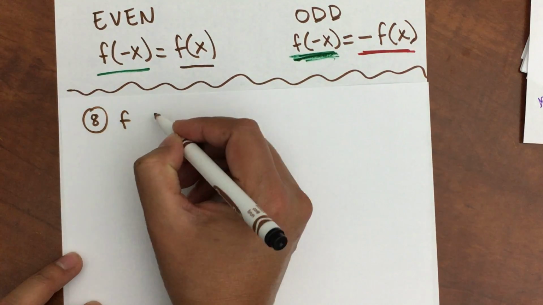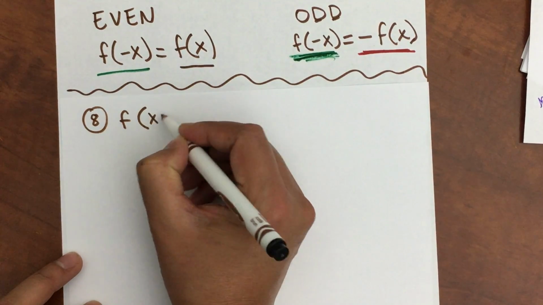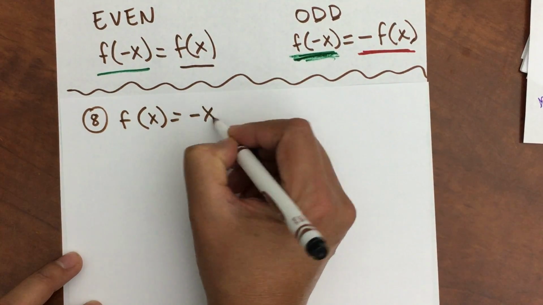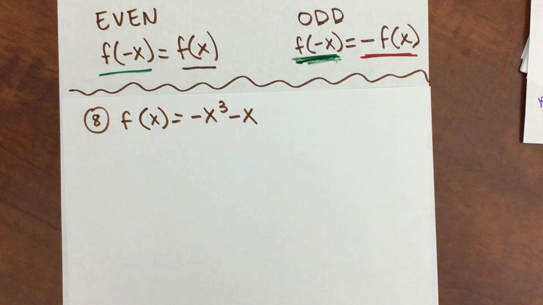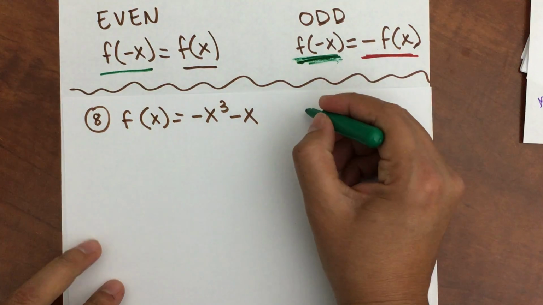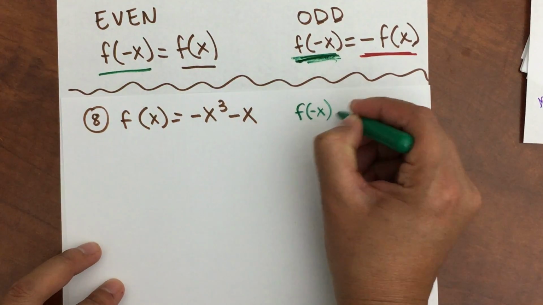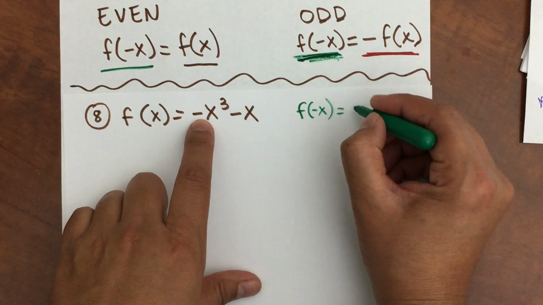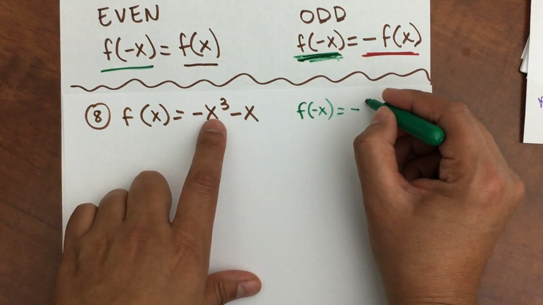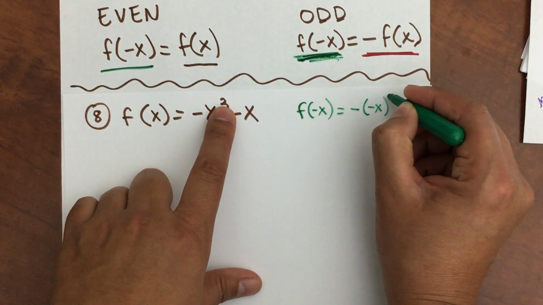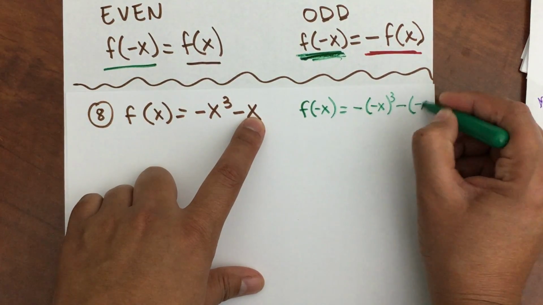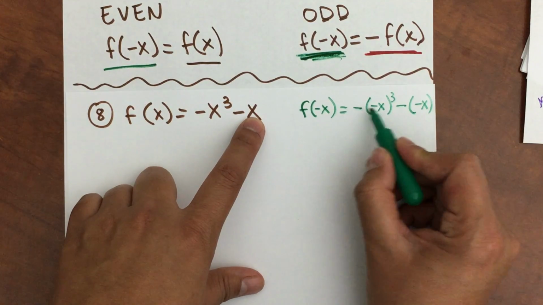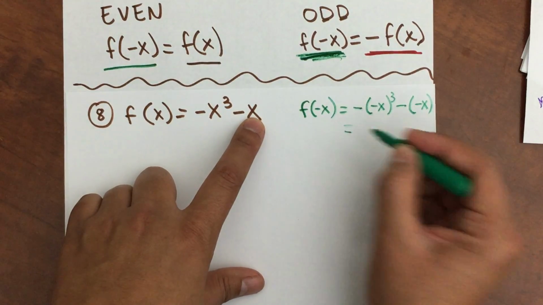So you have f of x equals negative x cubed minus x. And so the f of negative x, I'm going to keep this negative, but switch the x to negative x cubed minus from here, but then this x becomes negative x. Again, you don't multiply the negative times negative in here, okay?